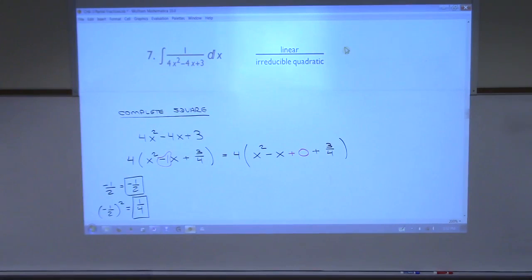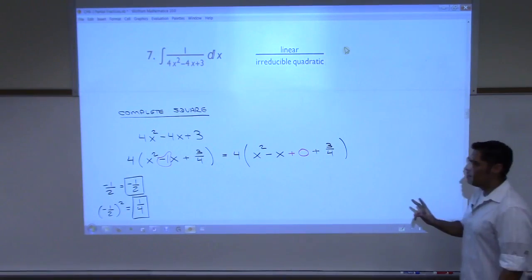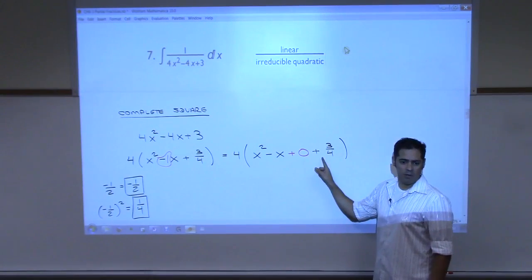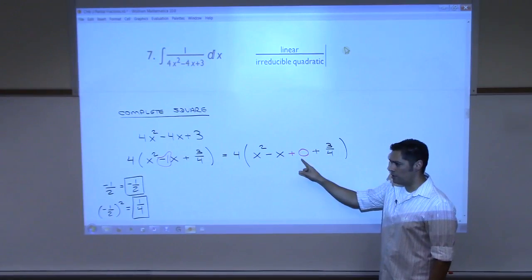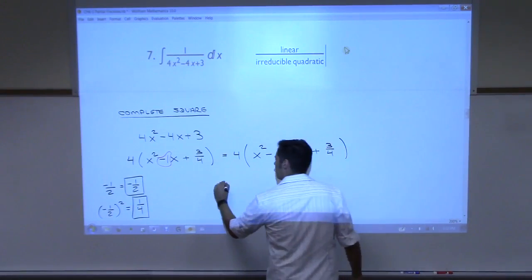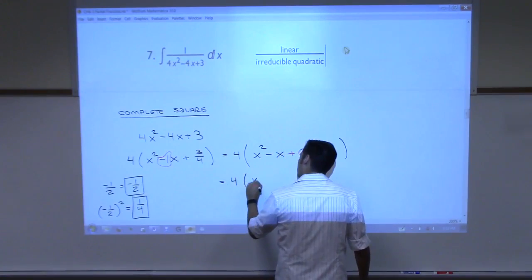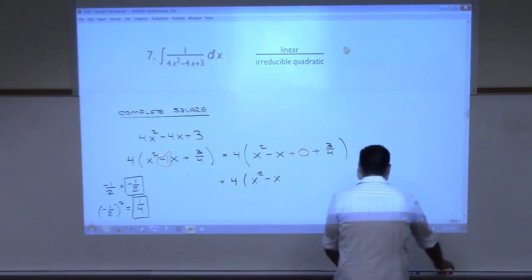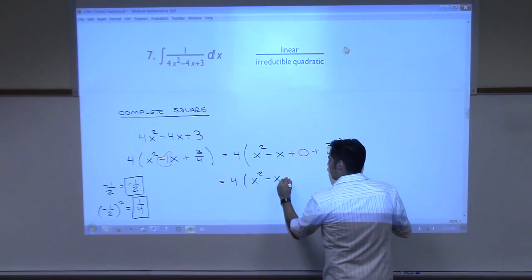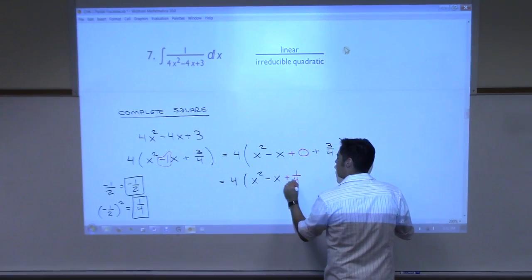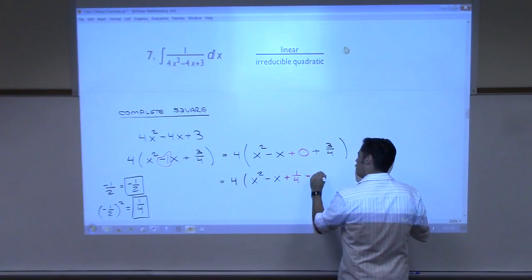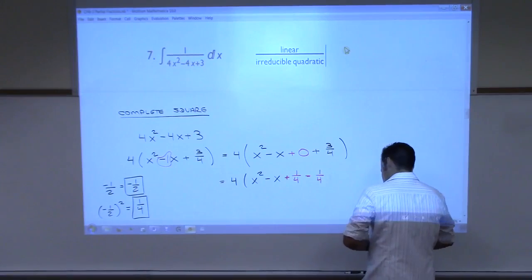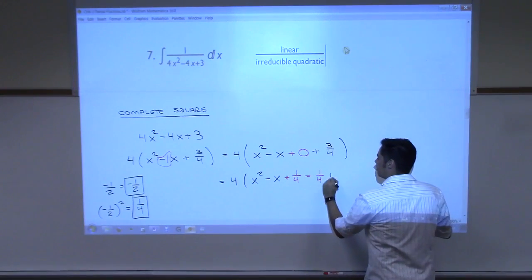Plus 1/4 minus 1/4, and it must be in that order. You don't do minus 1/4 plus 1/4. It's got to be the positive one first. So rewrite this. 4 times x squared minus x plus 1/4 minus 1/4, and then plus 3/4.